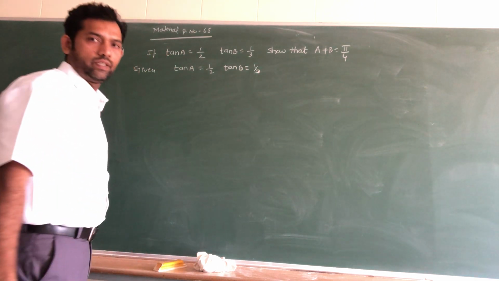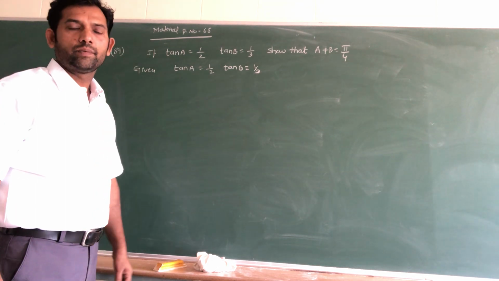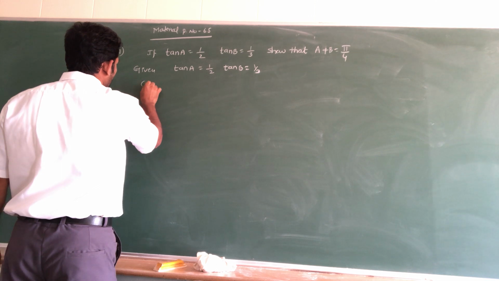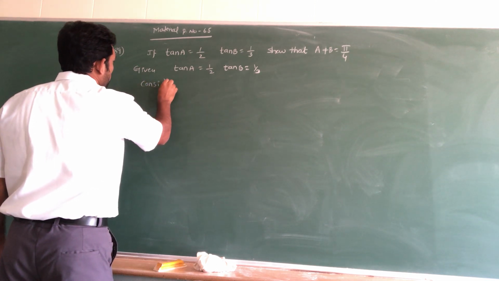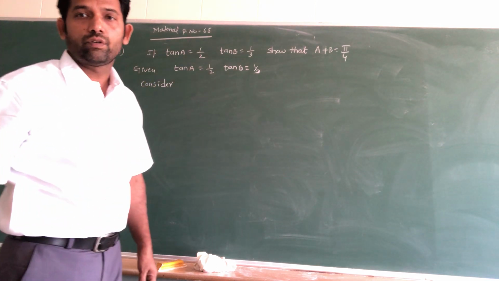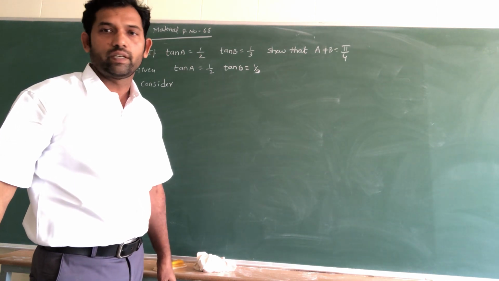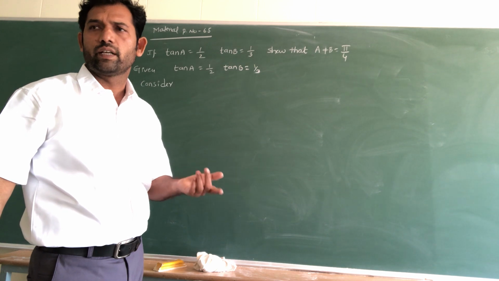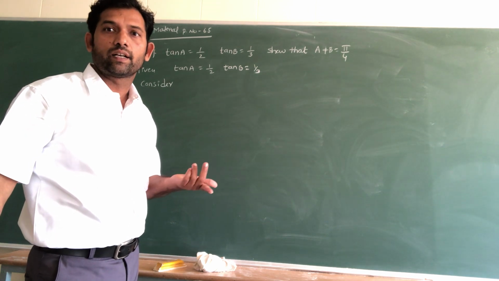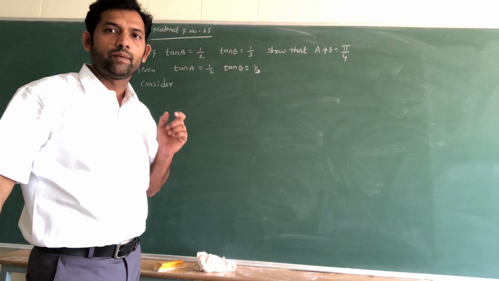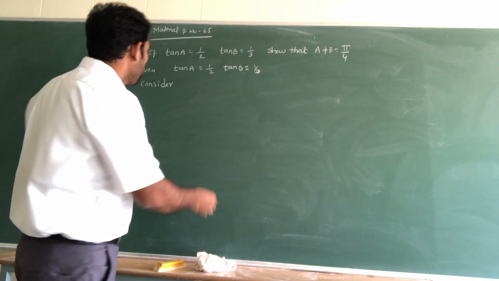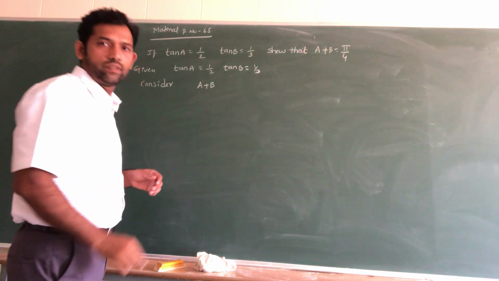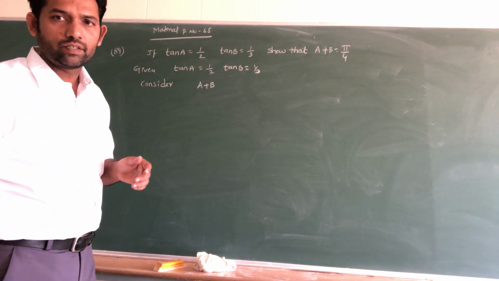So we are going to prove A plus B equals pi by 4. For A plus B, which trigonometric function should we consider: sin, cos, tan, or cot?